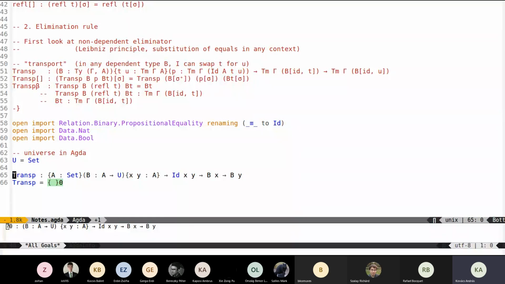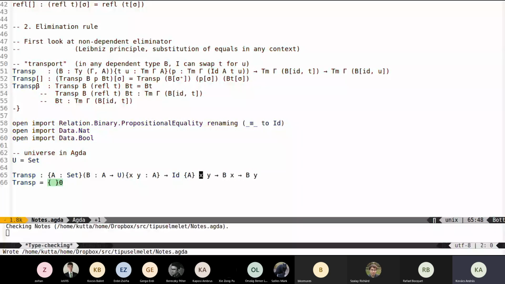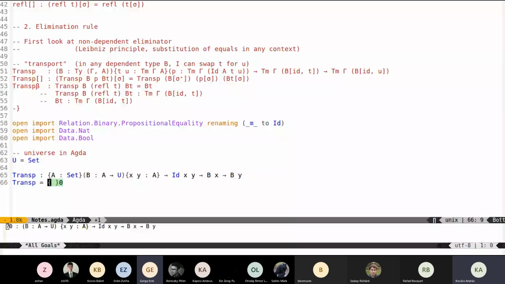Okay, there is a slight notation. So here in the ID, the A is also implicit, but I can also write it out. Okay, maybe I cannot write it out. Well, you can if you want to. You just have to write it as A equals A, because otherwise. Yeah, but it's ugly.